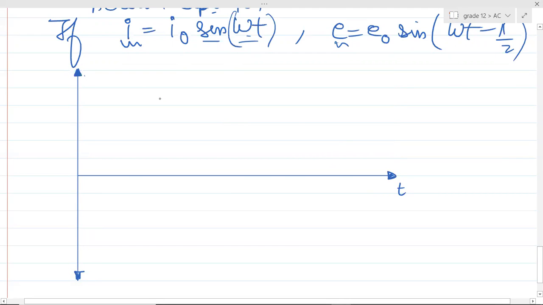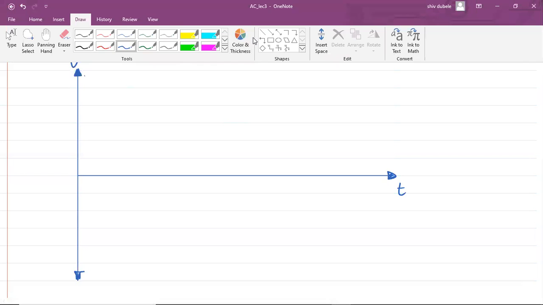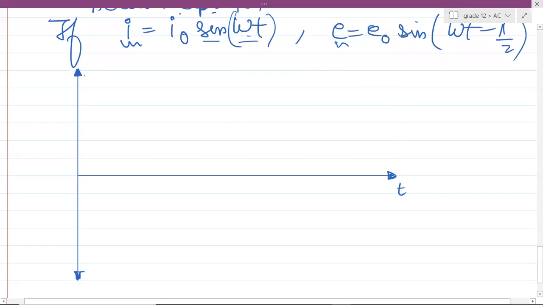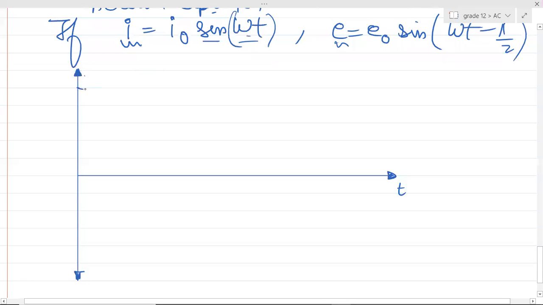Okay, I'll try to do it for one cycle, but the graph will become a little complicated. Does anyone know how to draw dotted lines in this case? Anyone? Guys, I'll draw the graph of current and EMF with different colors.